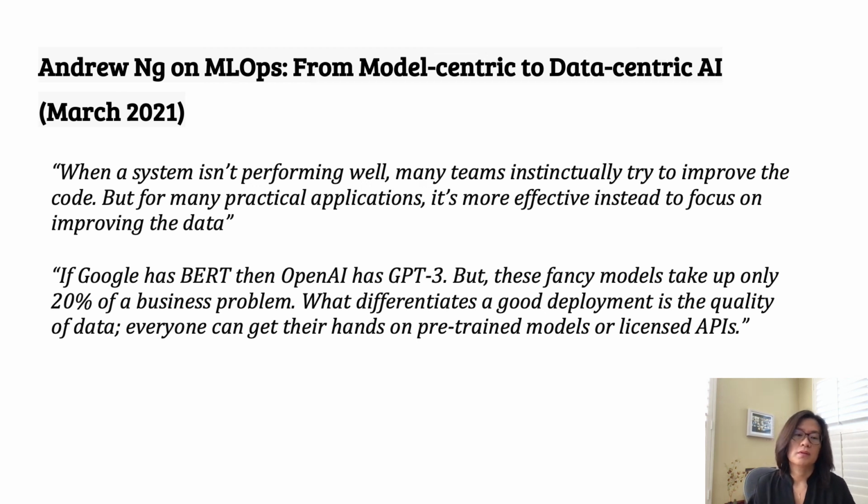In the first one, he says, when a system isn't performing well, many teams instinctually try to improve the code. But for many practical applications, it is actually more effective to instead focus on improving the data. In the second quote, essentially, he's saying, all things being equal, the quality of the data is what differentiates your model from another team's model.